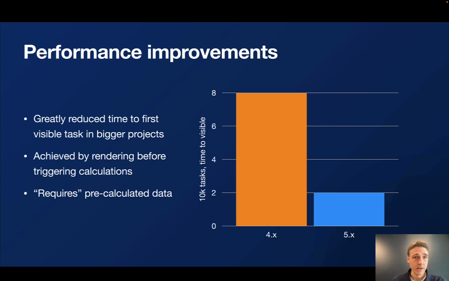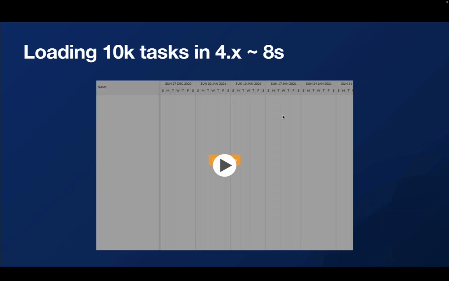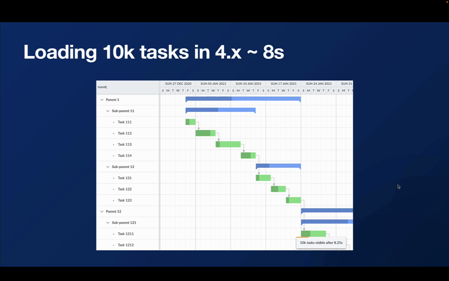To further emphasize this improvement, I've made 2 videos. The first one is a recording of loading 10,000 tasks in version 4. Here we go. You can see it's loading the data, then it's calculating, and in the end, the tasks show up. And that took roughly 8 seconds.